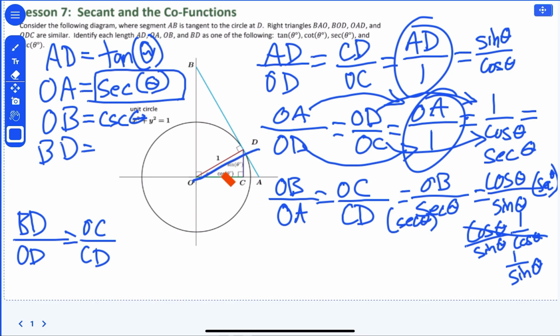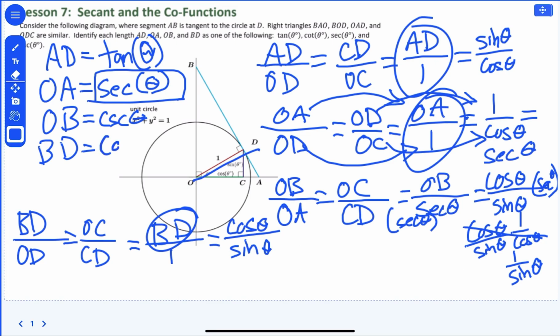Well, we know that OD is 1, so we have BD over 1 is equal to, what is OC? Well, that is the cosine of theta over CD, the sine of theta. Well, BD then is equal to the cosine over the sine, and that is simply cotangent. This is equal to the cotangent of theta.